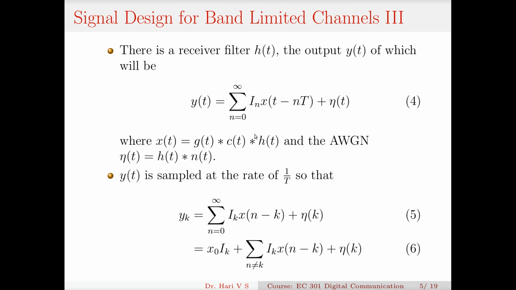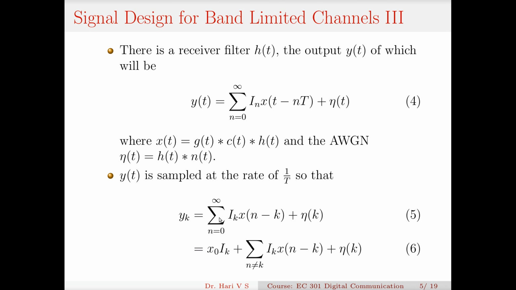So this I can sample at every T seconds, or at a rate of 1 by T, so that I can take this as y(kT), or y_k simply. So this becomes sigma n from 0 to infinity I_n x(n - k) plus some eta_k. Only thing is I sampled the signal in equation 4.